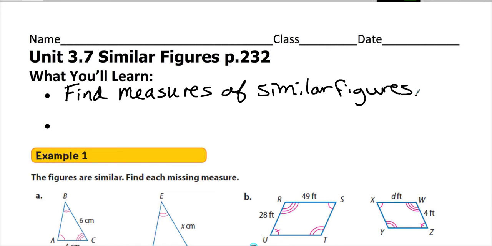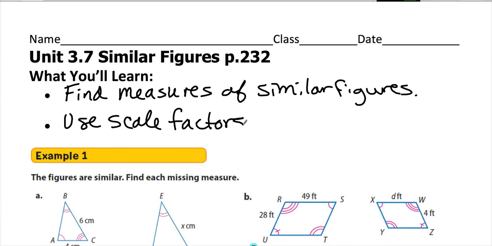Then we're going to use scale factors to solve problems. Okay, use scale factors to solve problems.